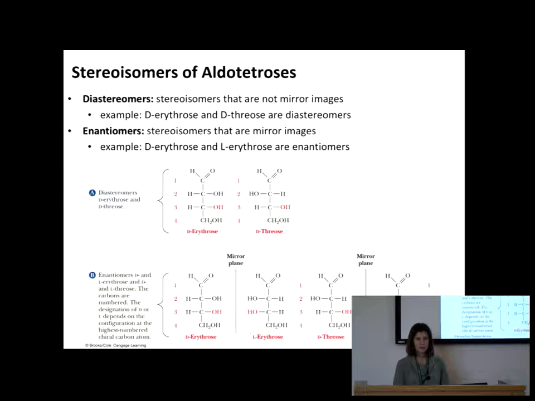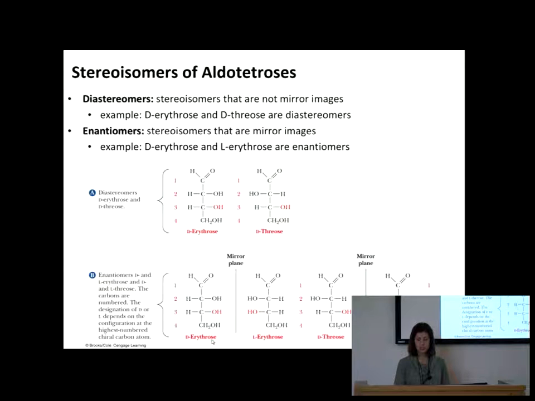Why don't they have the standard names? A standard name, because you can have an aldotetrose be many different things. It doesn't define where the OHs are, on the right or the left. Does the -ose ending mean it's not enantiomers or diastereomers?